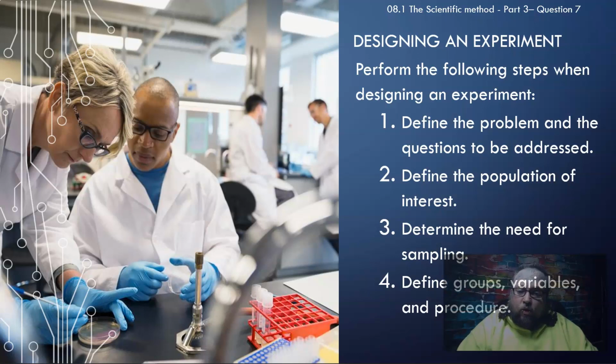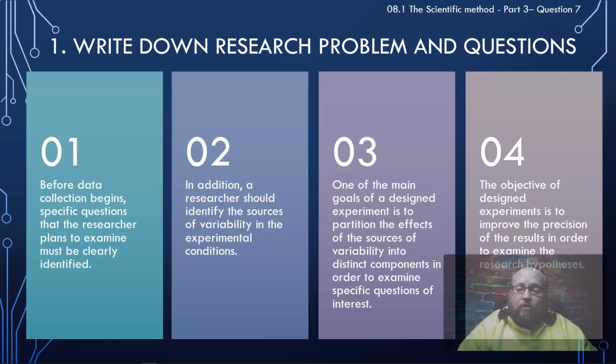From there, knowing, well, do I need to sample or not? Am I able to look at the entire population, or is that infeasible? And then do I need to take some kind of sample, and how do I do that properly? And then breaking down the experimental design of what groups you have, what the actual variables are, what you're setting them to, and the specific procedure you're going to go through to actually collect that data itself. So let's go to step 1 in a little bit more detail.